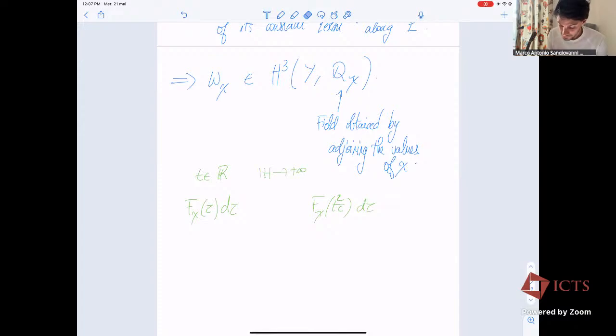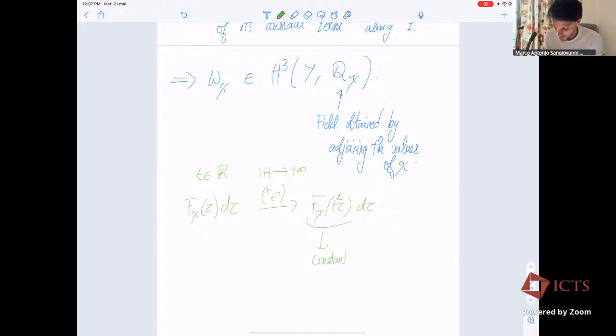So under the action of t inverse, this differential converges to the constant term at infinity. Let me do just the constant term at infinity.